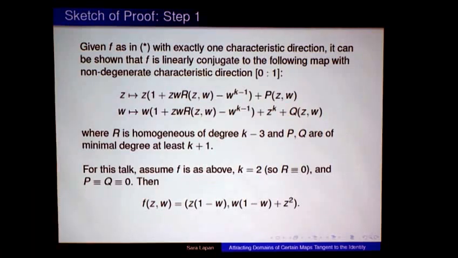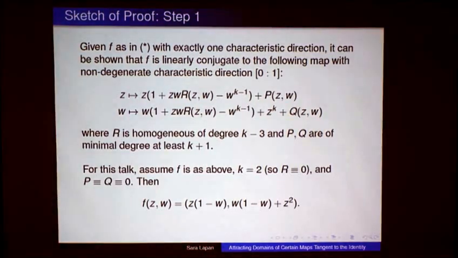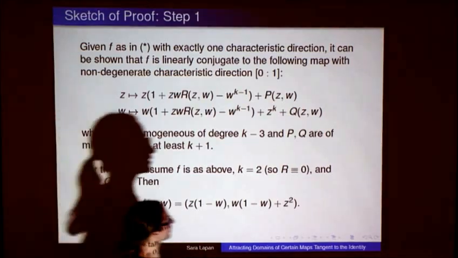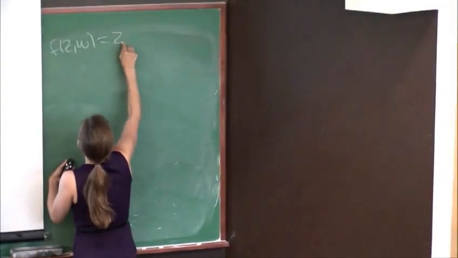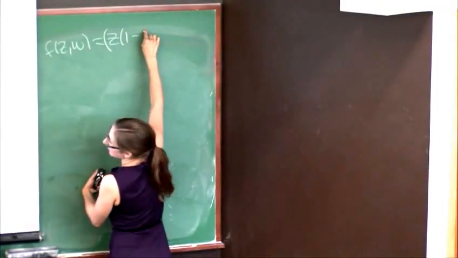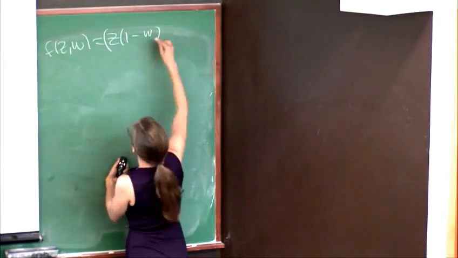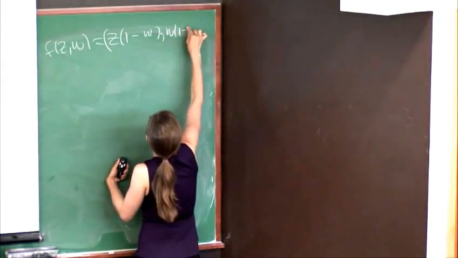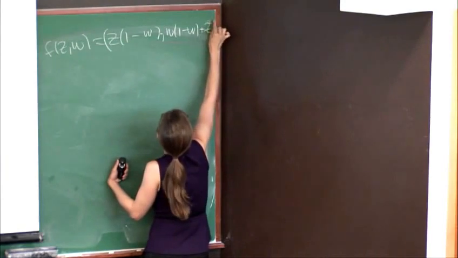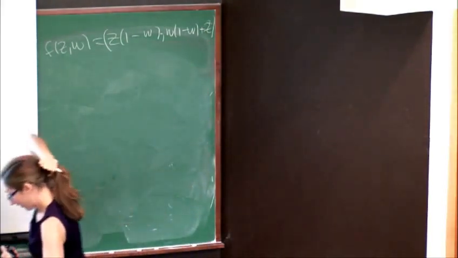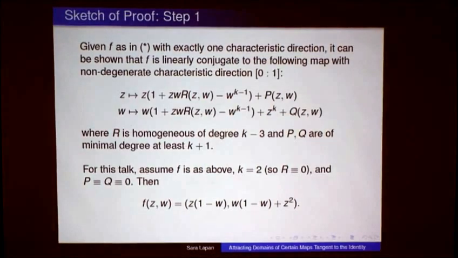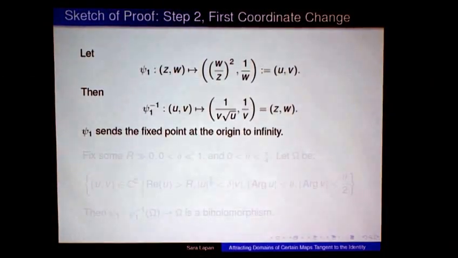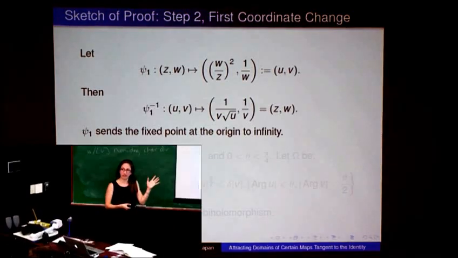So f of (z, w) equals (z times (1 minus w), w times (1 minus w plus z squared)). Okay, so we finished step 1.